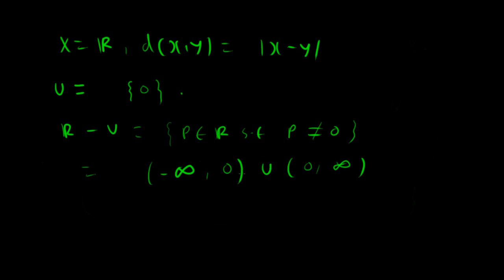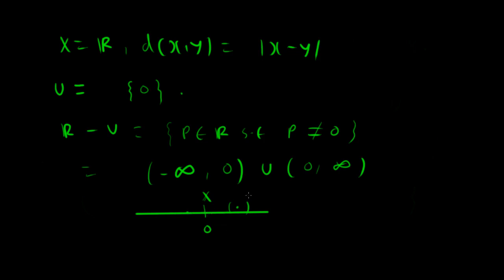And this is open, and I'll show you with a picture to make it easier to visualize. Here's 0. We're forgetting about 0, and we're just looking at stuff that's down here and over here. If we pick any point, we'll be able to fit some interval around it that doesn't come back to 0.